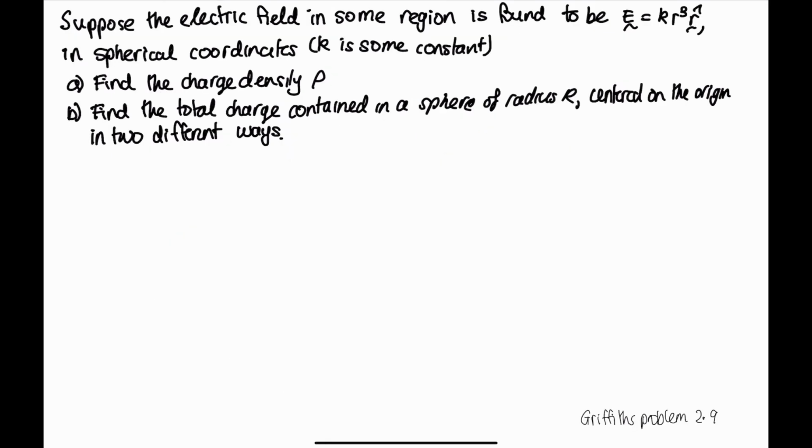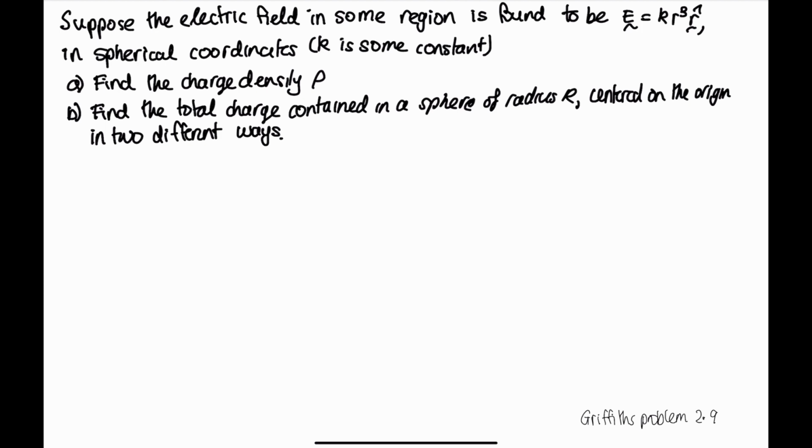Right, at this point, I think it's a good idea to see how we can use this to solve problems. So this is problem 2.9 from Griffiths, which tells us, suppose the electric field in some region is found to be E equals k r cubed times r hat in spherical coordinates. K is some constant.